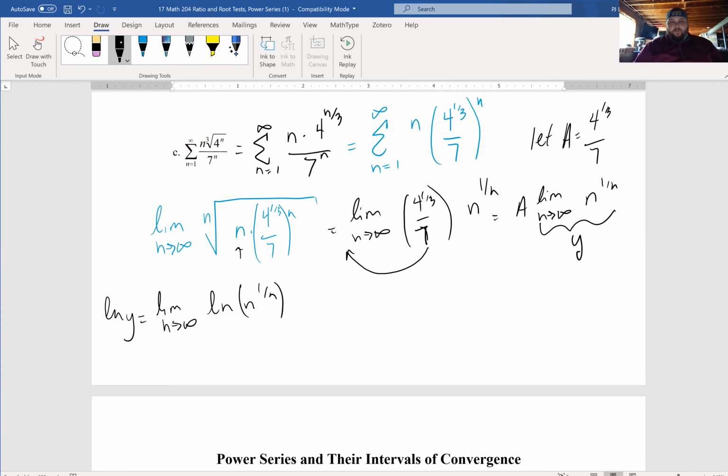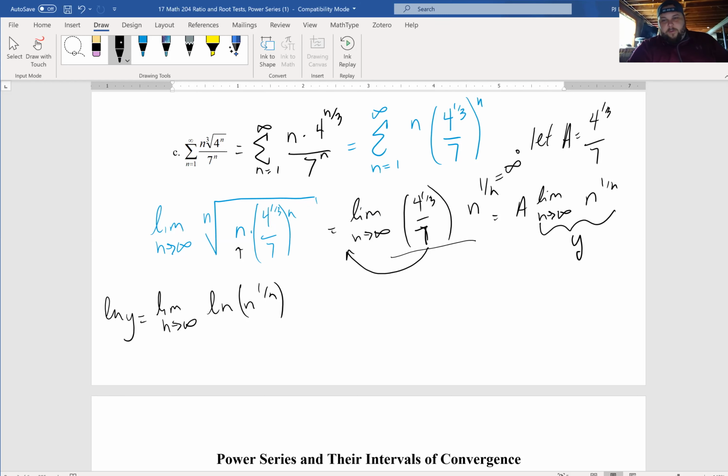Now the question is, why in the world did I do that? Well, if you try to evaluate the limit back at this step, you get infinity to the 0. That should tell you that you should be using L'Hopital's rule.